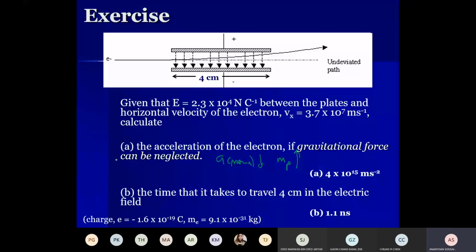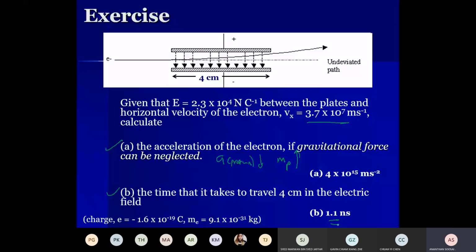Okay, good. B. What do you think the answer is going to be? Smaller than 1.1, greater than 1.1, or same as 1.1? The proton is launched with the same speed, 3.7 times 10 to the power 7. Mentally you try to analyze. The time taken to cross the plate for electron is 1.1 nanosecond.